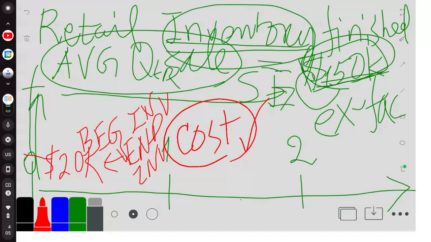That's like the past 8 quarters or something like that.